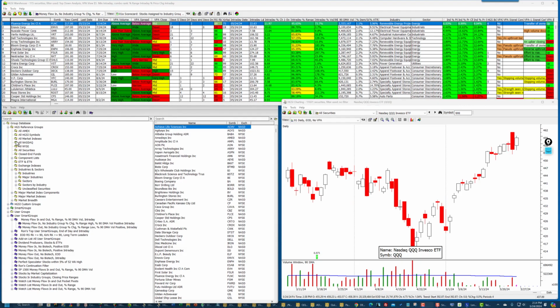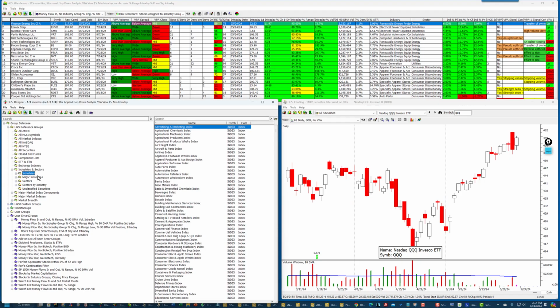Okay, I'm going to look at a stock or two, but before I do that, I'm going to go into my industries and select tools. I'm going to rebuild the indexes in the group, which is updating these industry groups with the current stock prices, because Thinkorswim's running in the background. And then I'm going to go to Tools, Rebuild User Smart Groups.